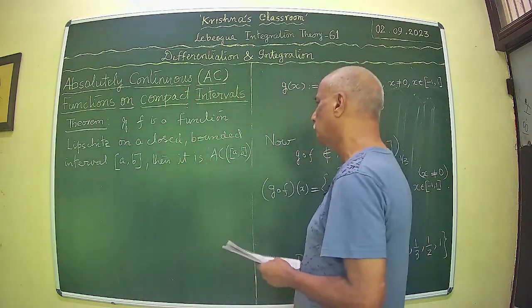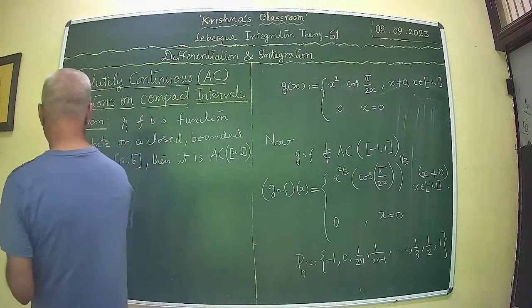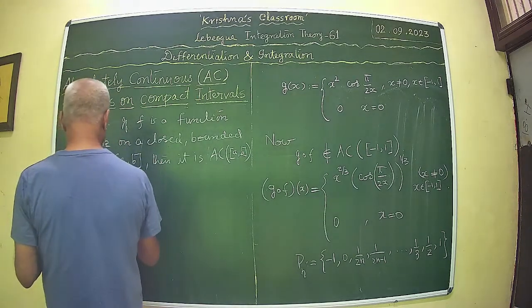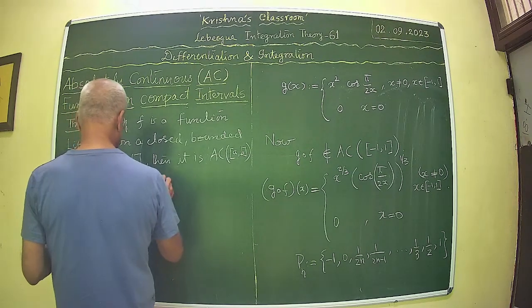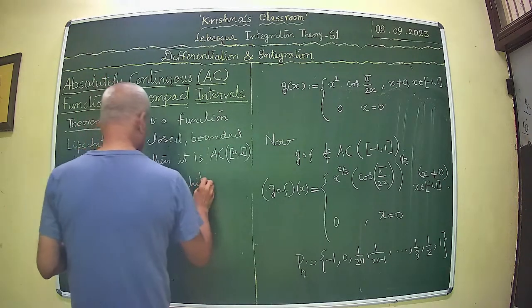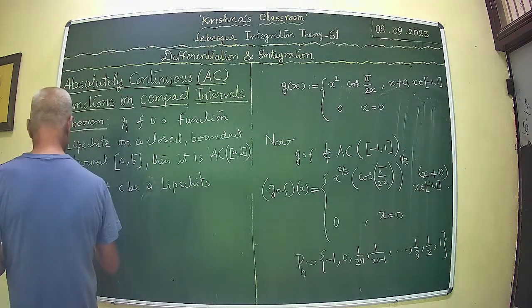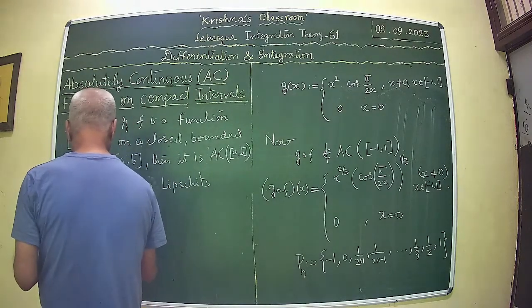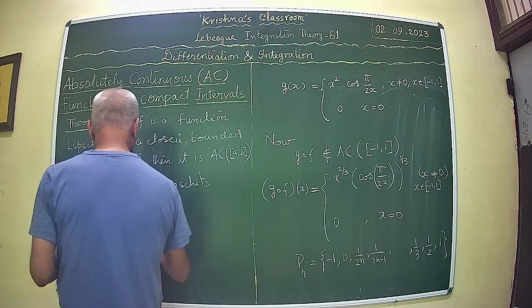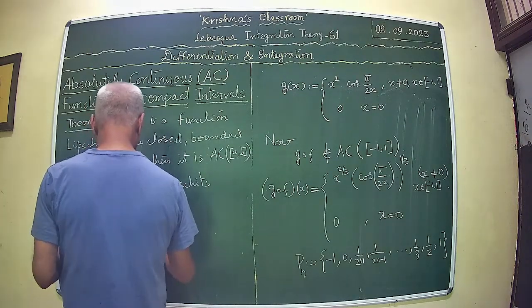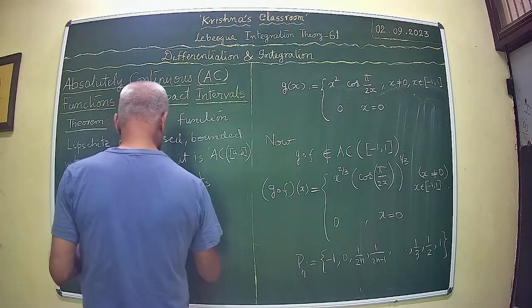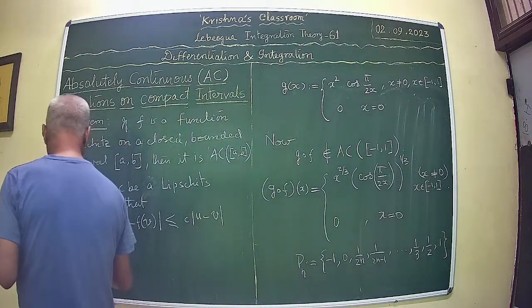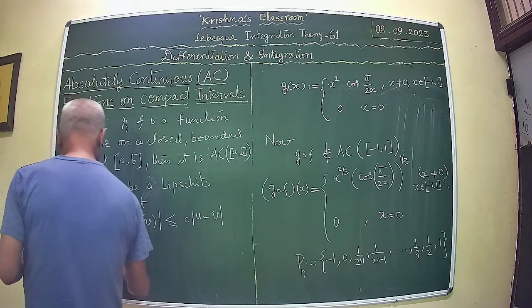now this is quite easy to prove because let c be a Lipschitz constant so that this is the Lipschitz condition for every x, y in AB.